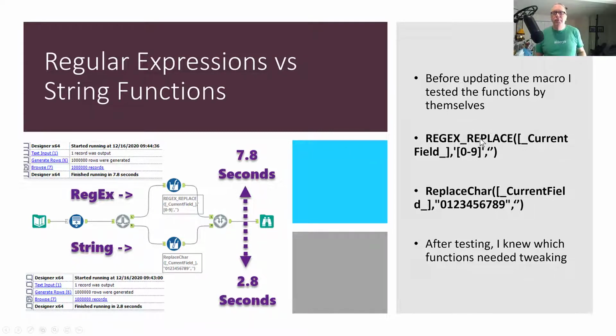It's regex replace the current field. Anything that's in the values of 0 through 9, you're going to replace with nothing. And that takes 7.8 seconds. An equivalent string function is replace char. The current field, you replace 0, 1, 2, 3, 4, 5, 6, 7, 8, and 9.